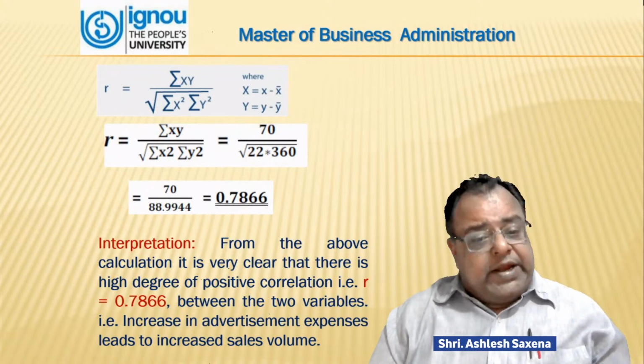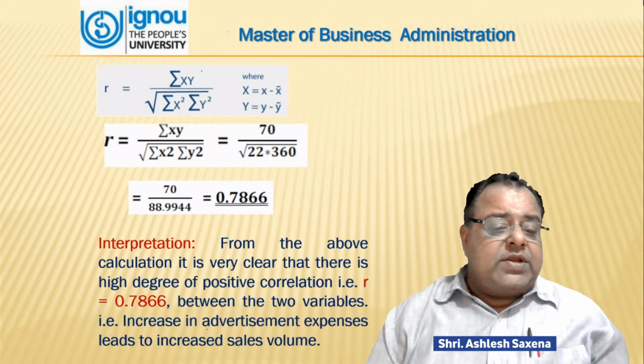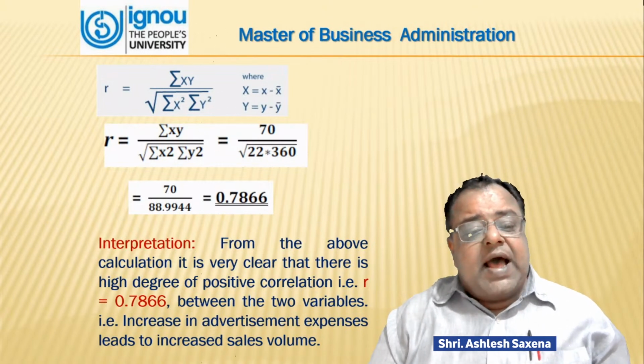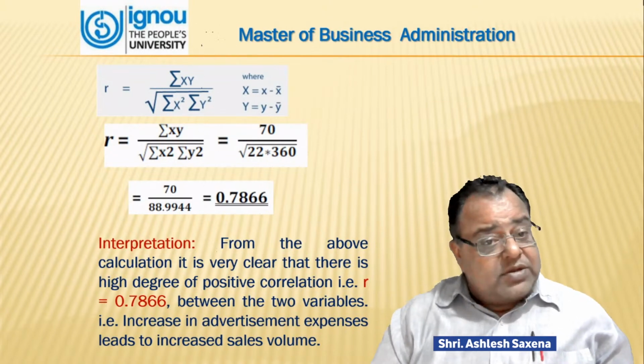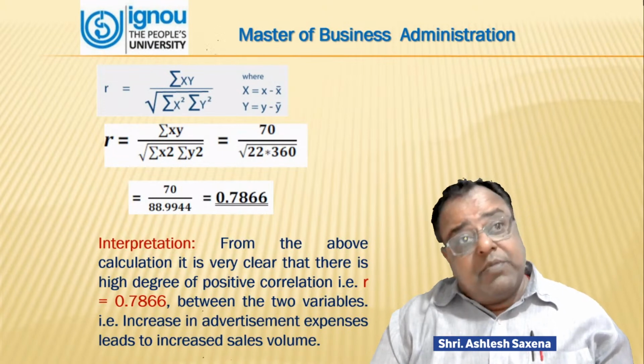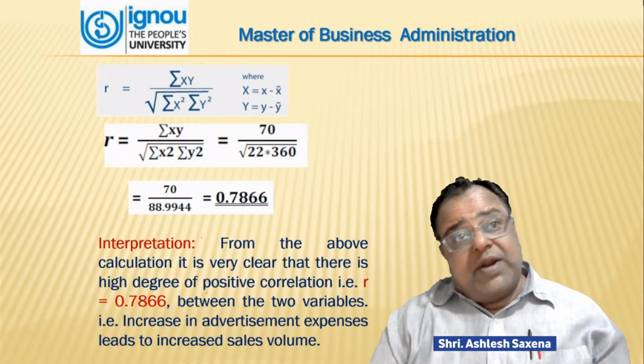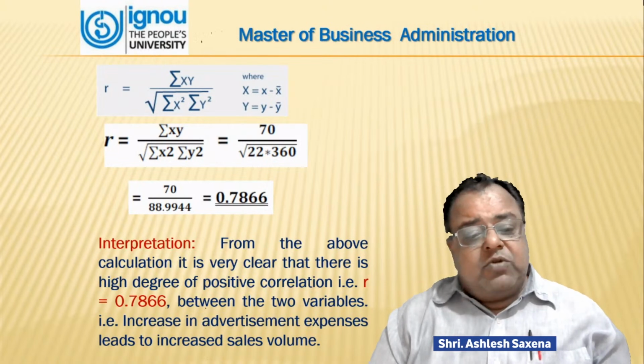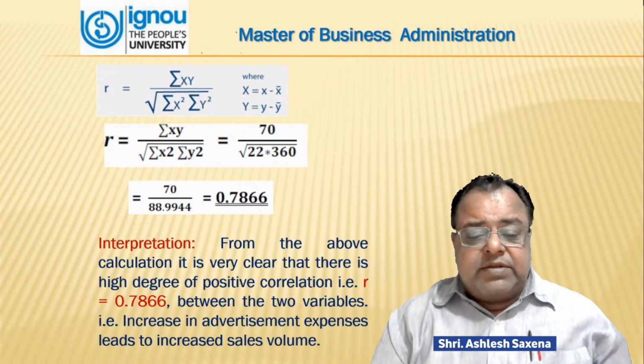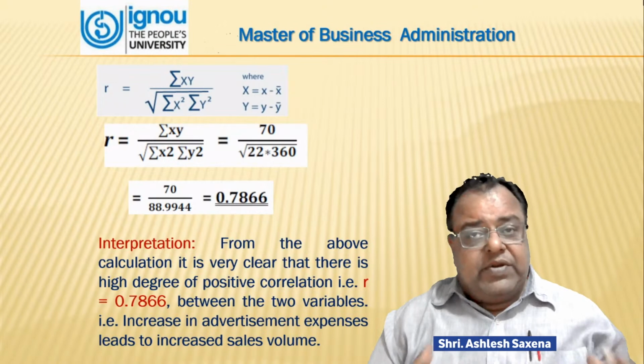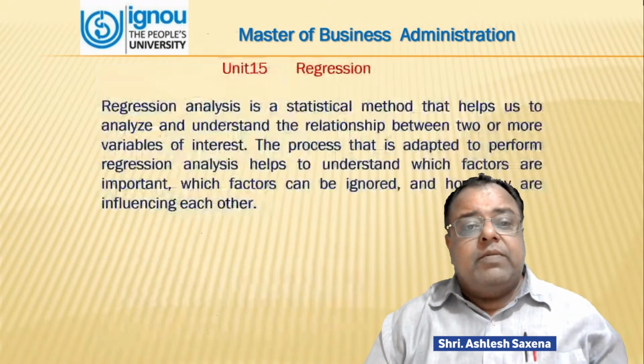How is the result interpreted? From the above calculation, it is very clear that there is a high degree of positive correlation, because the value is more than 0.75, between the two variables, that is, an increase in advertisement expenses leads to increased sales volume.